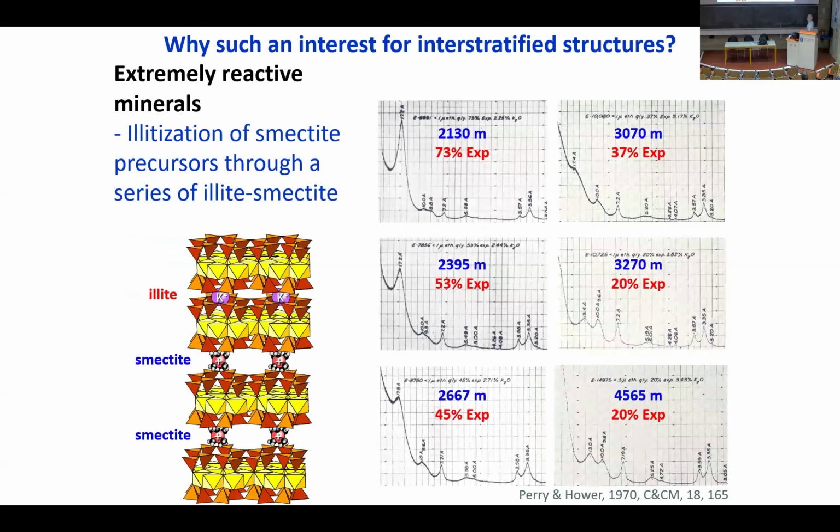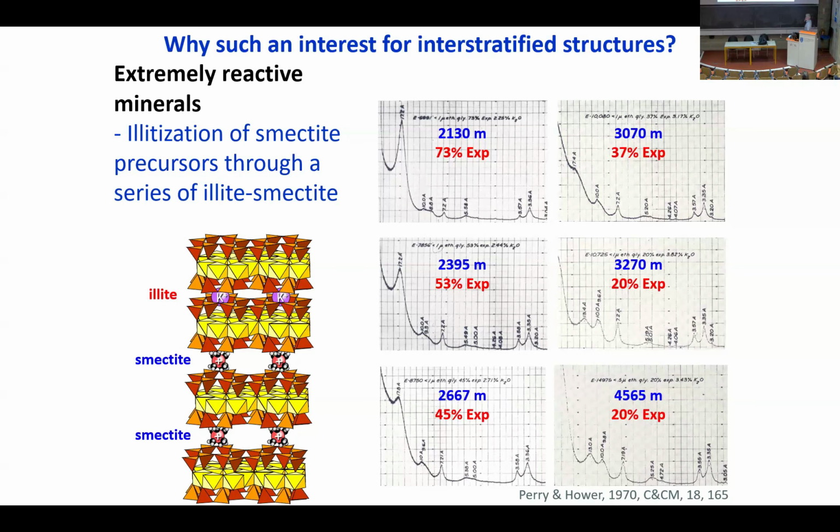So probably the most famous example, at least for clay people, is the smectite to illite transition, where we have a change in diffraction patterns as a function of expandability, of the relative proportion of expandable layers in a series of crystals containing both non-expandable and expandable layers.